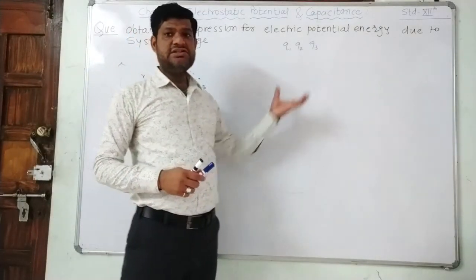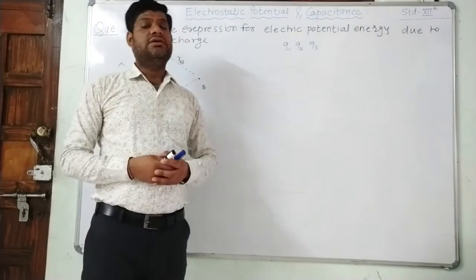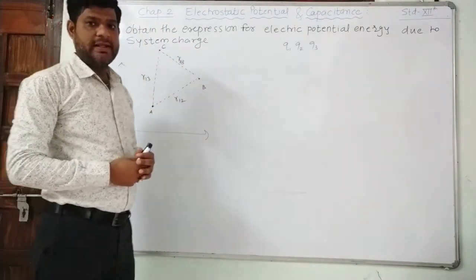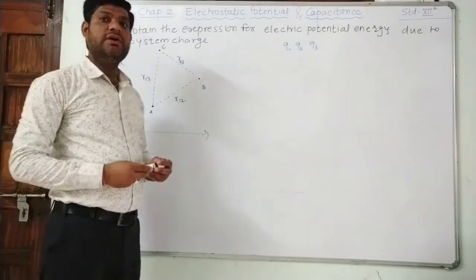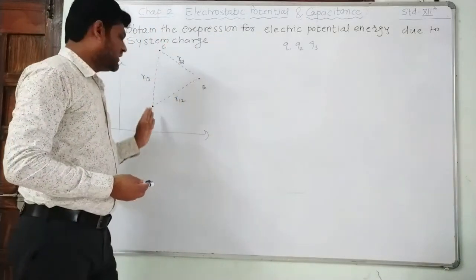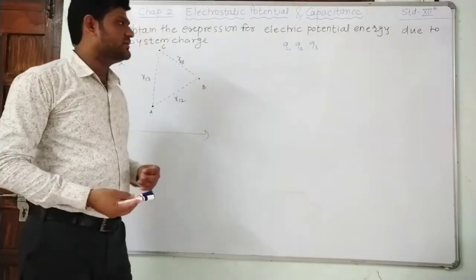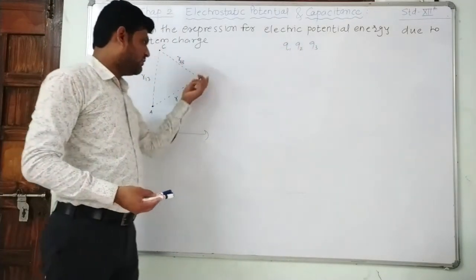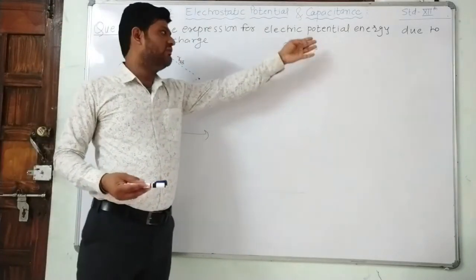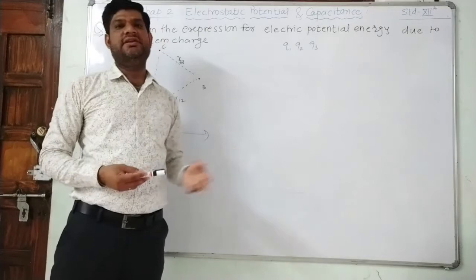We are arranging these charge particles at these locations, and we will calculate the potential energy of the system of the charge particles, right? So first of all, we will do the work to carry the charge Q1 to location A. The second work done is in carrying the charge Q2 to point B. The third work done is in carrying the charge Q3 from infinity to C. So these are the 3 steps, and we will add these 3 work done.